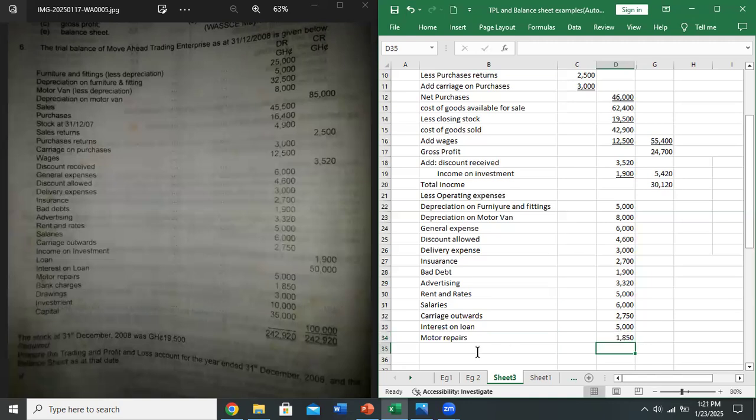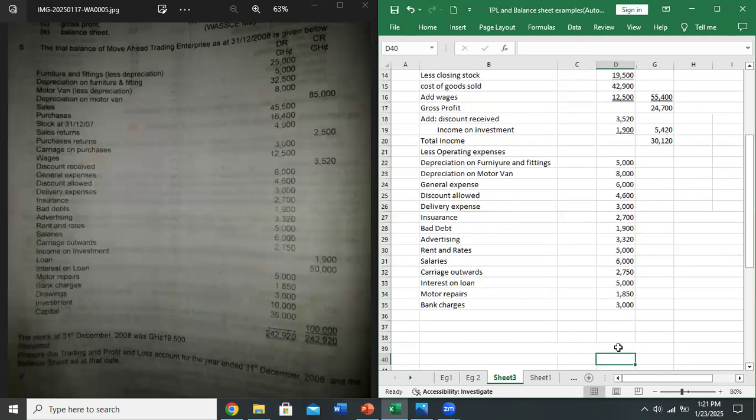We also have bank charges, the fees the bank is charging you for the services they are rendering you. That's bank charges. So we have bank charges 3,000. And then I believe, okay, drawings, investment. So that's all for your expenses.